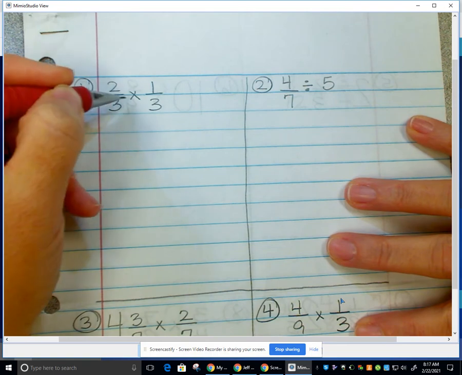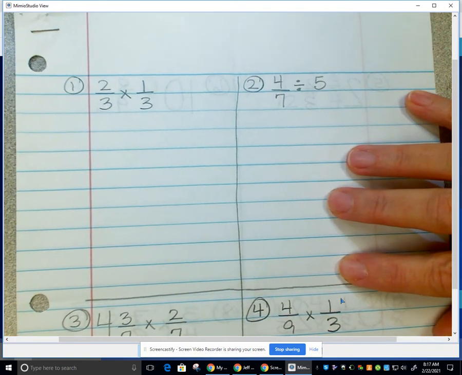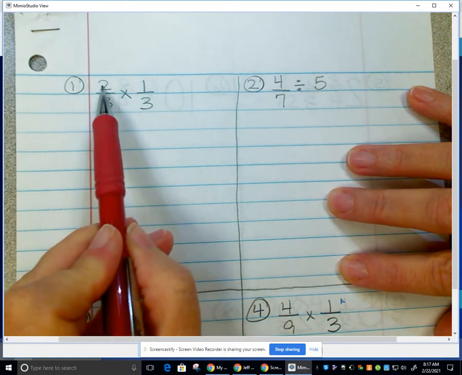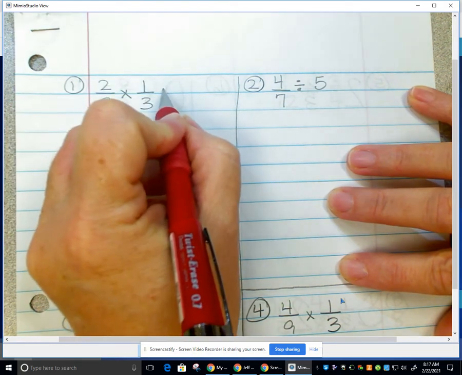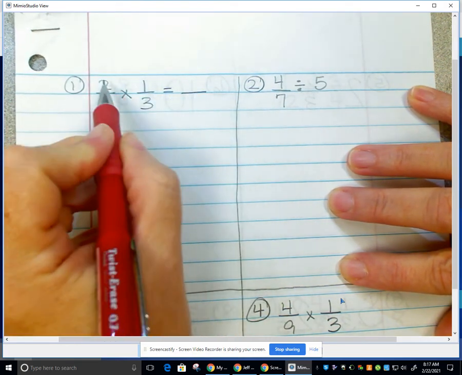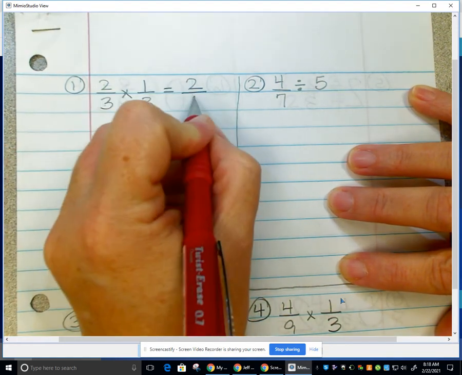We got 2/3 times 1/3. What we're going to do here is just multiply. That's very easy. You can just do top times top, bottom times bottom. So I can go across. 2 times 1 is 2. 3 times 3 is 9.